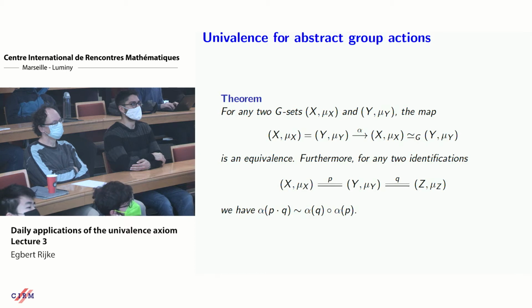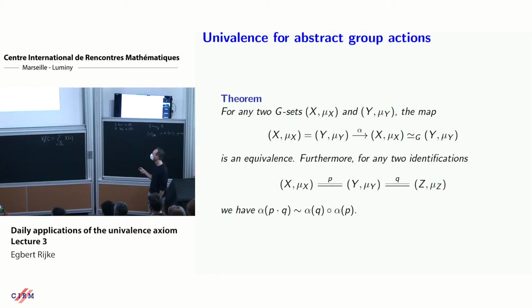For any two G-sets, (X, mu) and (Y, mu), the type of identifications from the first G-set to the second G-set is the type of G-set equivalences from the first to the second. So just as one would expect, nothing very serious, but this is always gonna come in handy. That's why I'm saying it.